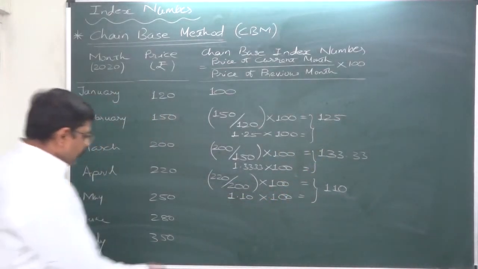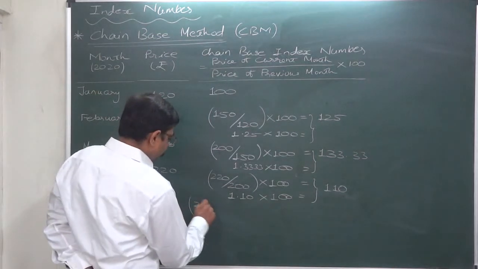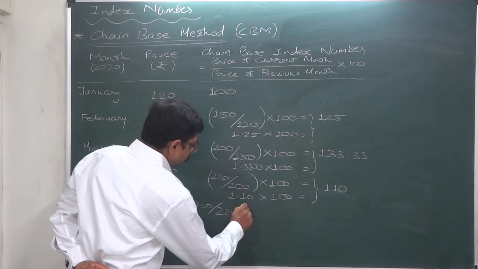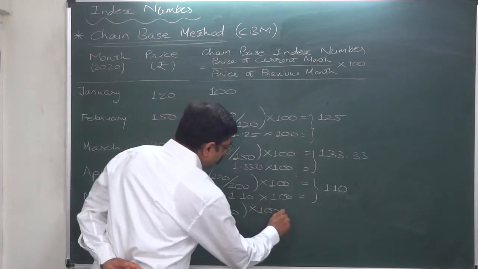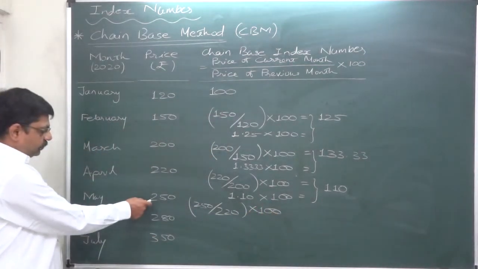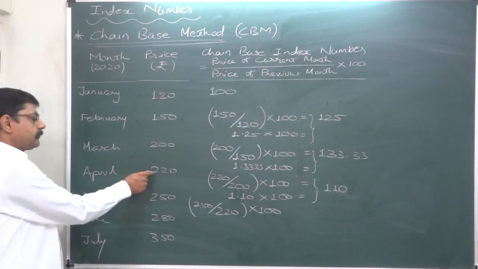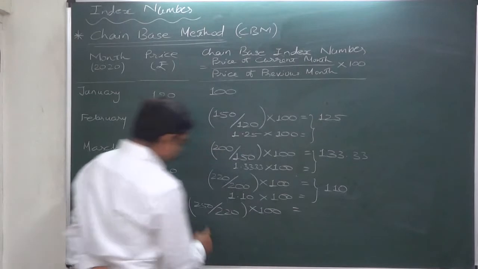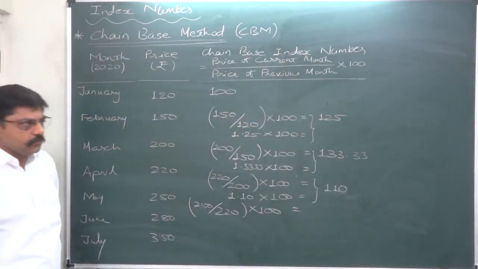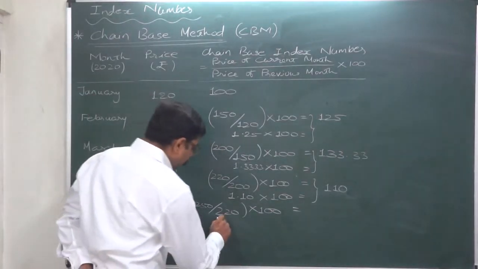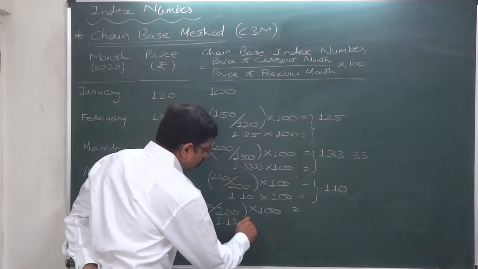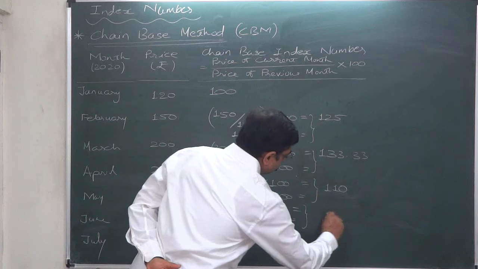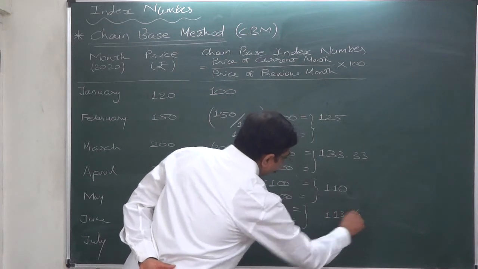In case of May, now it is 250 divided by 220, because 250 is the price of May, and April becomes the base month, so divided by 220 multiplied by 100. 250 divided by 220 is 1.1364, into 100, that will give us 113.64.